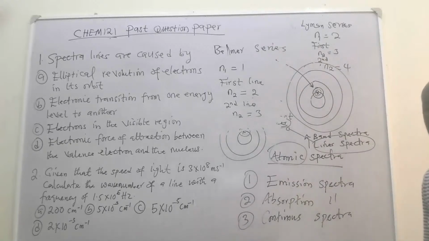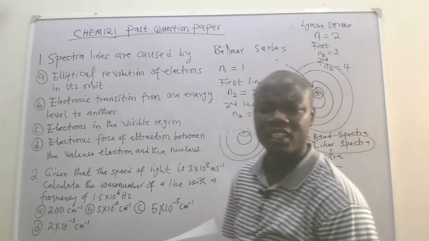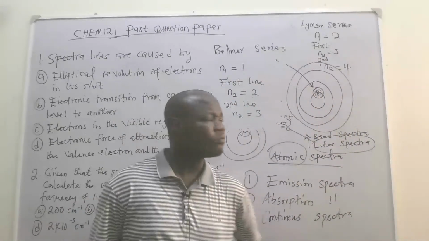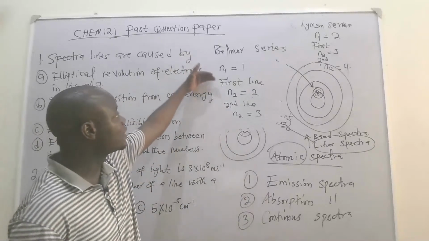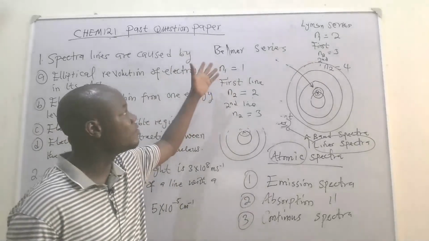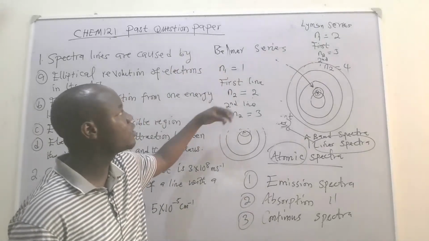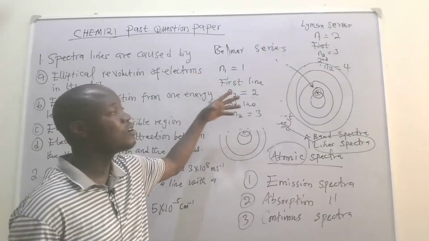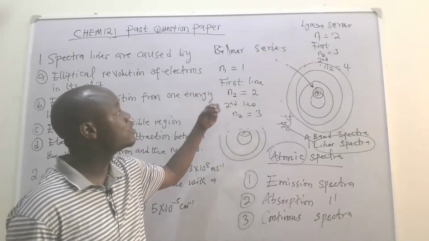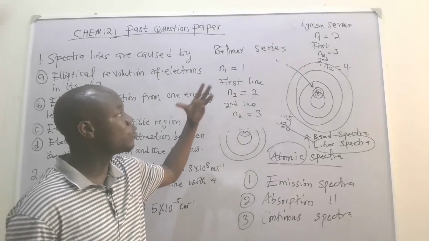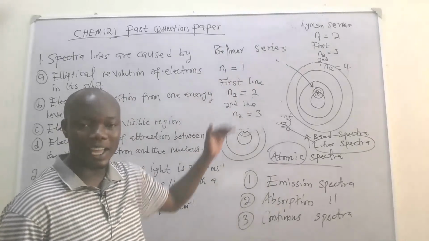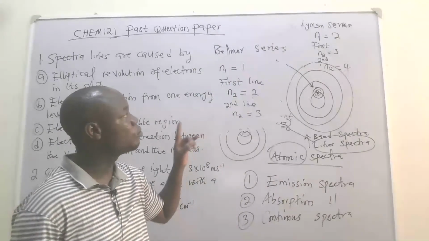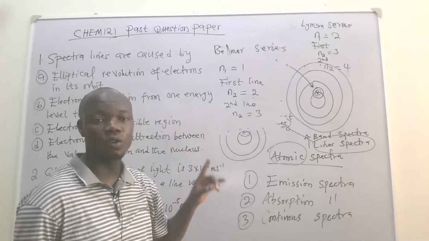So that is why, ladies and gentlemen, you need to understand what series it is. Is it a Lyman series? Is it a Balmer series? If it is Lyman series, it means N1 is equal to 1. For the Balmer series, N1 is equal to 2. So we have different lines.